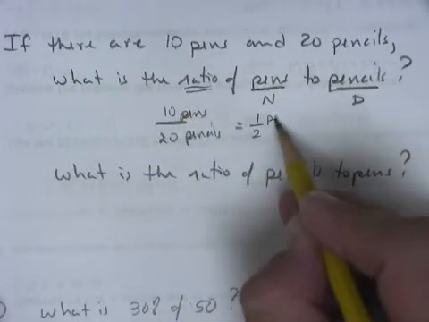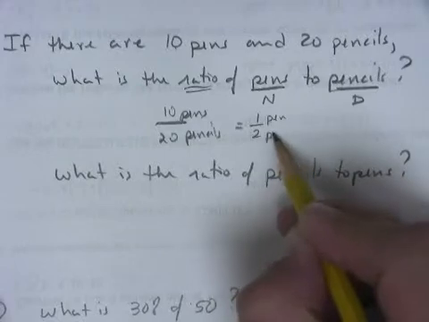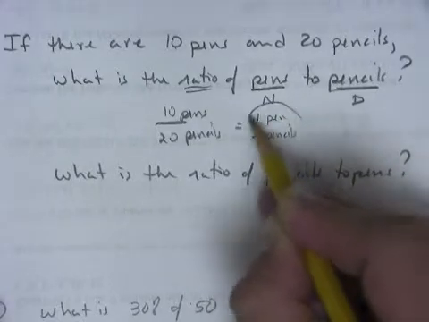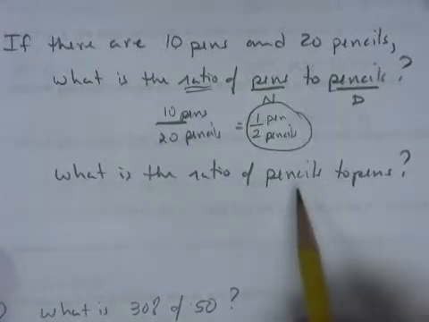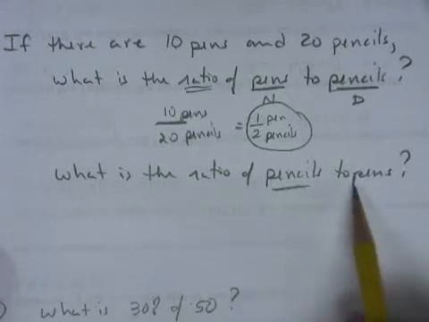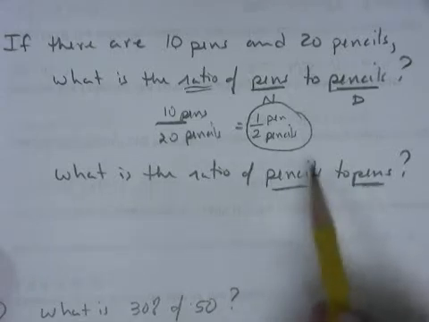So pens to pencils. So for every 1 pen I have, I get 2 pencils. For every 2 pencils I have, I get 1 pen. The next one is pencils to pens. Now notice, pencils is written first now, not second, and pens is written second, not first.